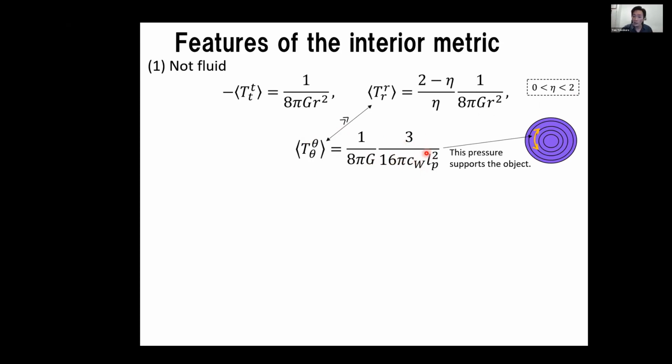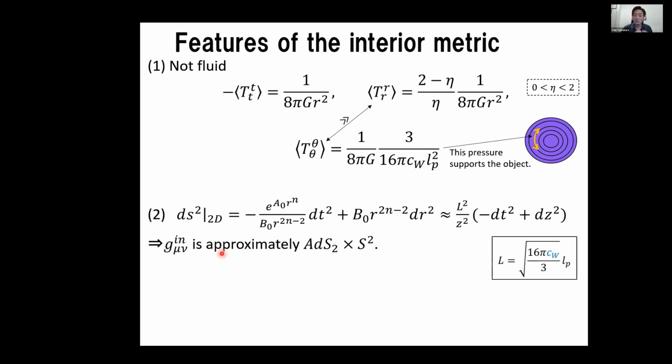It is order 1. This order 1 value is much, much larger than the radial pressure. In this sense, the interior is very anisotropic and not a fluid. However, this large pressure is important because it supports the object against gravity.